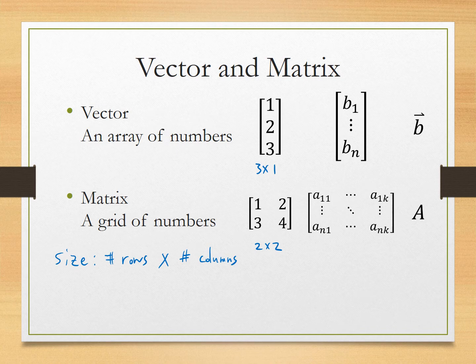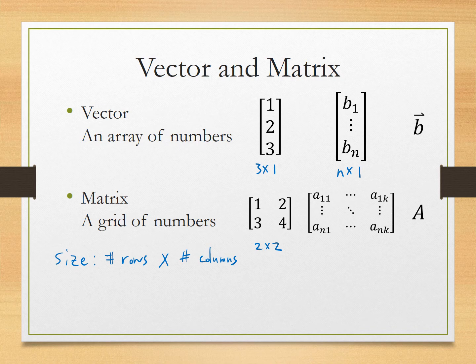Next, what about this vector b1 through bn? It has n rows, 1 column, so n times 1. Finally, for the matrix with entries A11 through Ank, here's the notation: the first number represents rows, the second number represents columns.